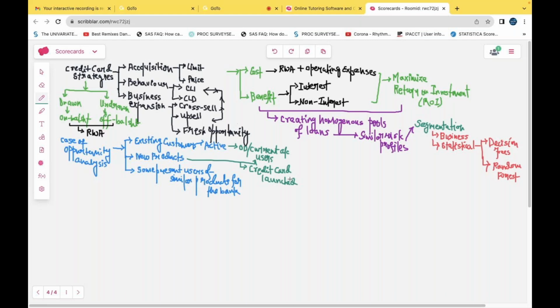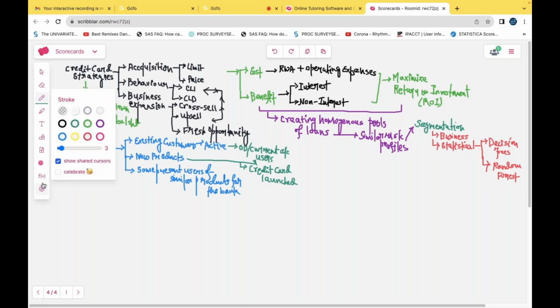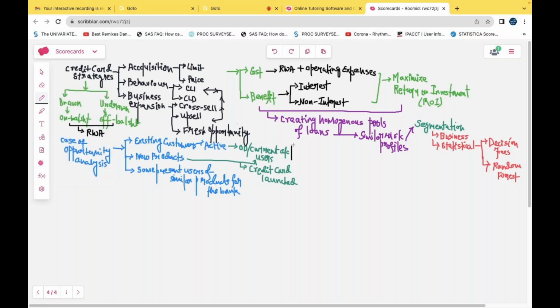So if you are thinking about a credit card, and some other variant of a credit card, you can always substitute the existing current account users to whom the new credit card is being pitched with people who are using some charge cards of the bank, or some co-branded card, or some basic credit card, where they are being pitched a new product.